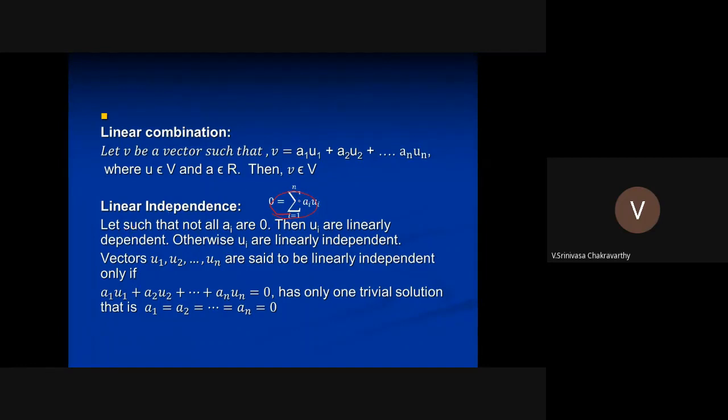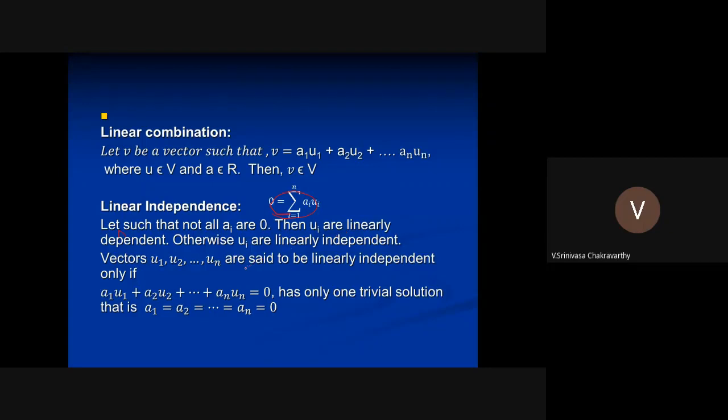So let this equation be true, such that not all a_i are 0. Then we say that the u_i are linearly dependent. That is the only way you can take a linear sum of a bunch of vectors and produce the zero vector, when the vectors are linearly dependent. You know all these concepts from high school, I guess, but I just want to quickly revise it. Otherwise, the u_i are linearly independent.